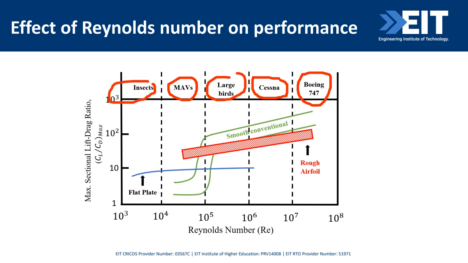How can we differentiate all of them? The Boeing 747 normally runs between 10 to the power 7 or 10 to the power 8 Reynolds number. The Cessna runs between 10 to the power 6 and 10 to the power 7, large bird 10 to the power 5 to 10 to the power 6, and MAVs run between 10 to the power 4 and 10 to the power 5.